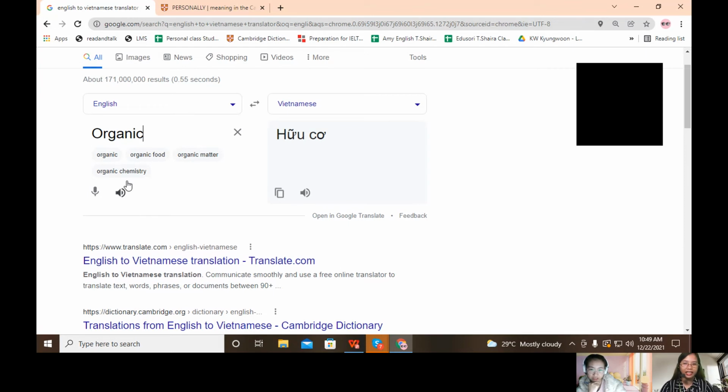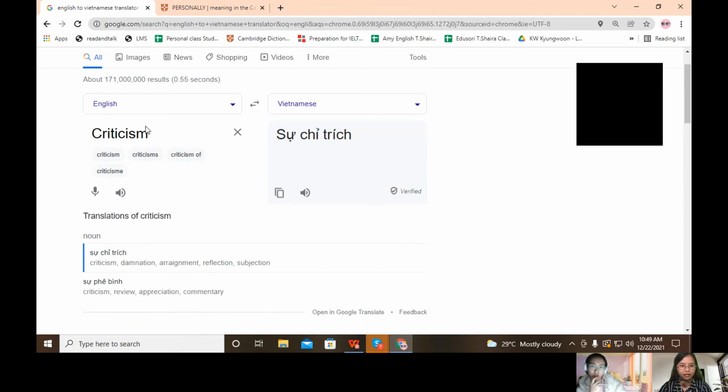Okay, so it should be organic. Very good, organic. The stress is in the second syllable. Organic. And lastly, I will just confirm if you have pronounced this correctly.